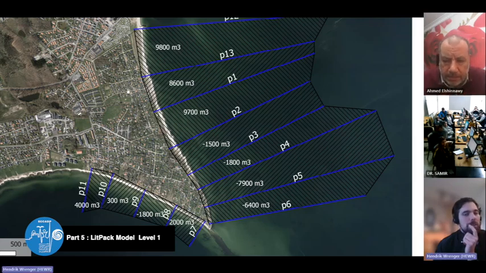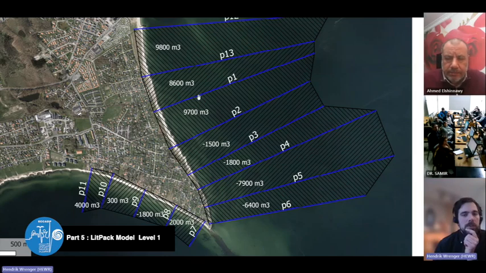So that's clearly broken going around the headland. That part we could solve by assuming this here as a subsystem and this as a subsystem and setting up two coastline evolution models. So that one we could solve.